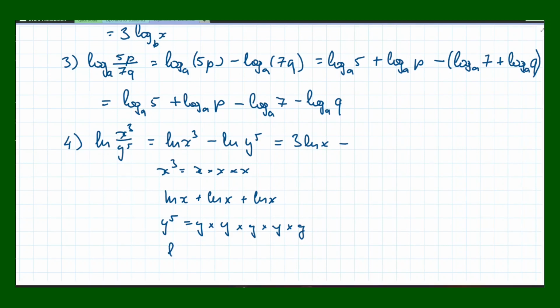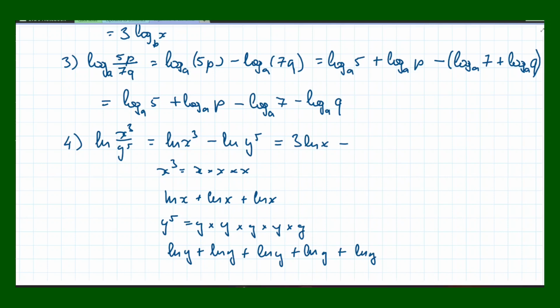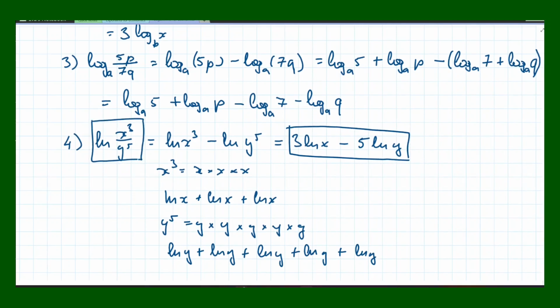So this would be ln y plus ln y plus ln y, and I have to write that down 2 more times because there are 5 of them. A little bit boring, too much writing, but nevertheless, I've got 5 times the same expression, so I can just replace this by 5 ln y. There is something nice about seeing this simpler form compared to the starting form. It just makes me calmer.